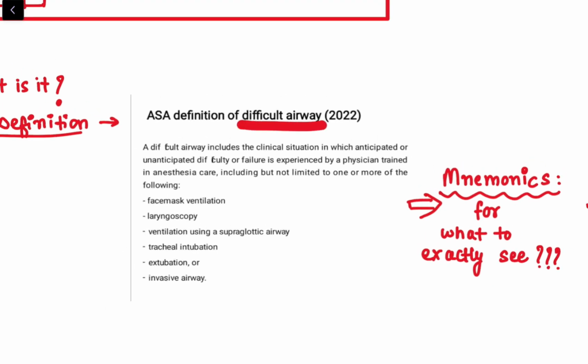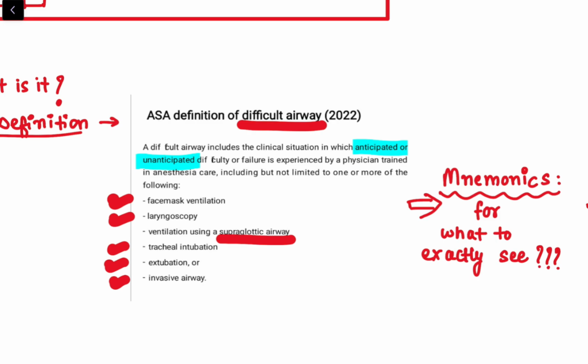Difficult airway, according to the ASA, includes the clinical situation in which anticipated or unanticipated difficulty or failure is experienced by a physician trained in anesthesia care, including but not limited to the following factors: face mask ventilation, laryngoscopy, supraglottic airway, intubation, extubation, or invasive airway.